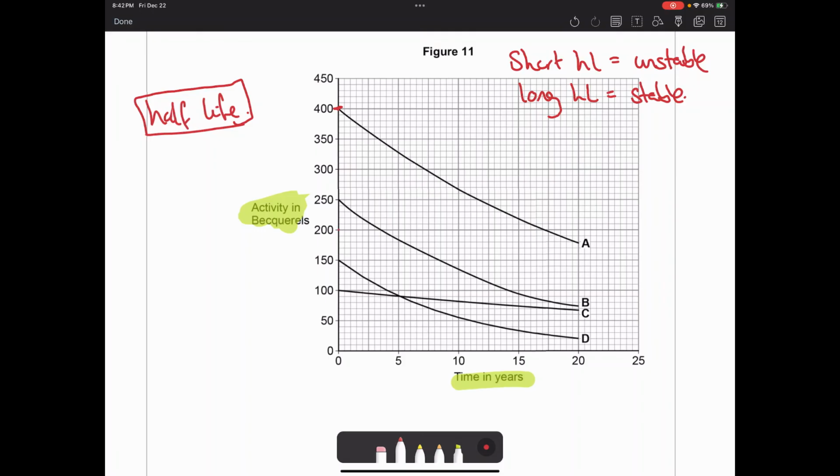So you can work out the half-life for each of these substances. A starts at 400, so I would go to 200 and then down and see its half-life in years. And then for B, it starts at 250, so I'd go to 125 to the line of B. I can see straight away that B has a shorter half-life than A, so B is less stable than A. Now if I try it on C, it starts at 100, so you go to 50, but C never crosses 50.